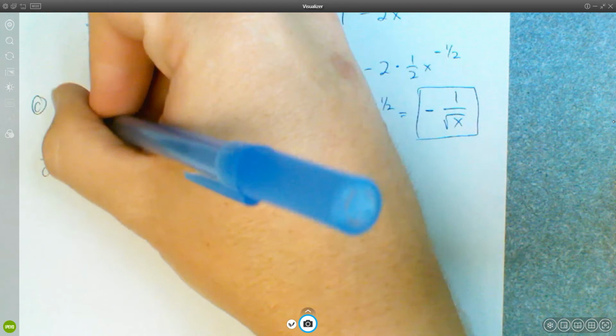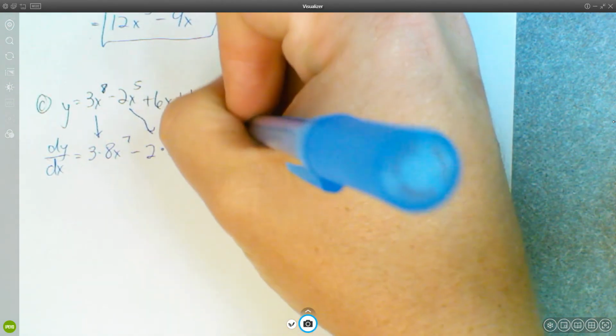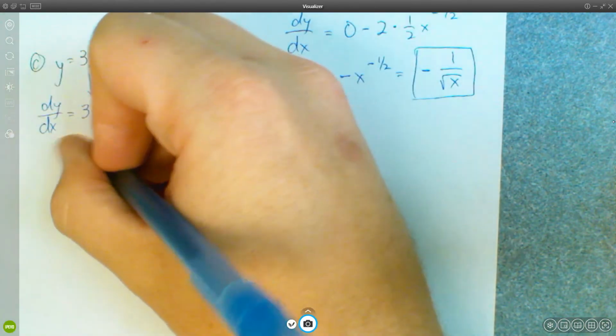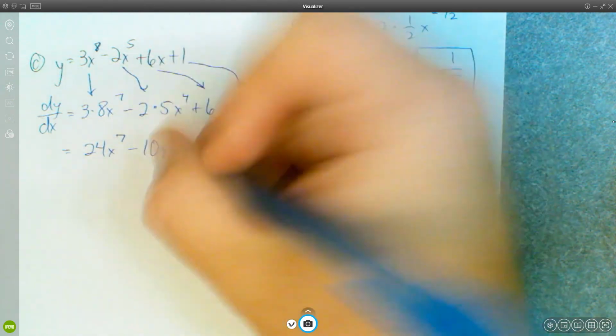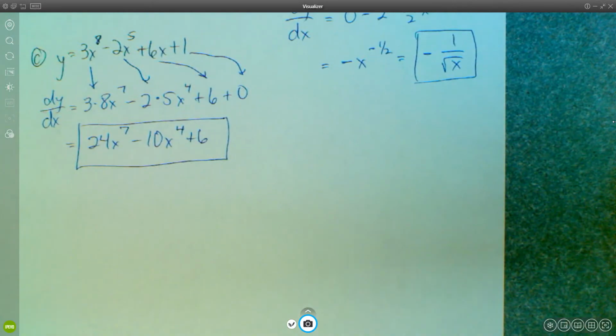Right? So I'm just taking the derivative of each one of these things individually, and then I can clean it up, right? So I've got 24x to the 7th minus 10x to the 4th plus 6. And that's all there is to it. So it's really pretty nice, I think.